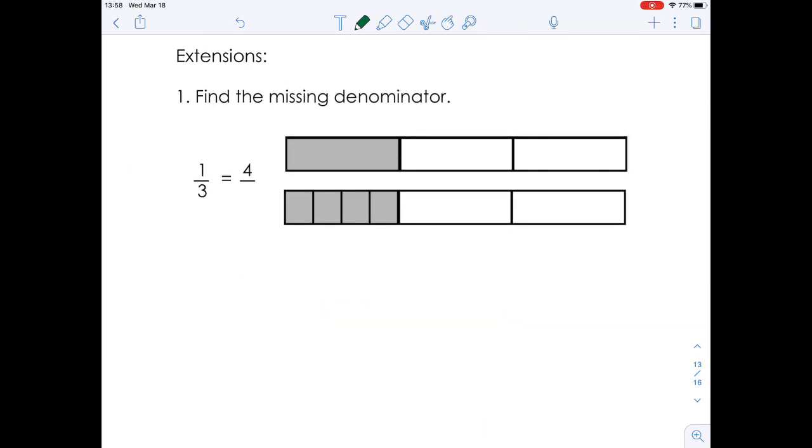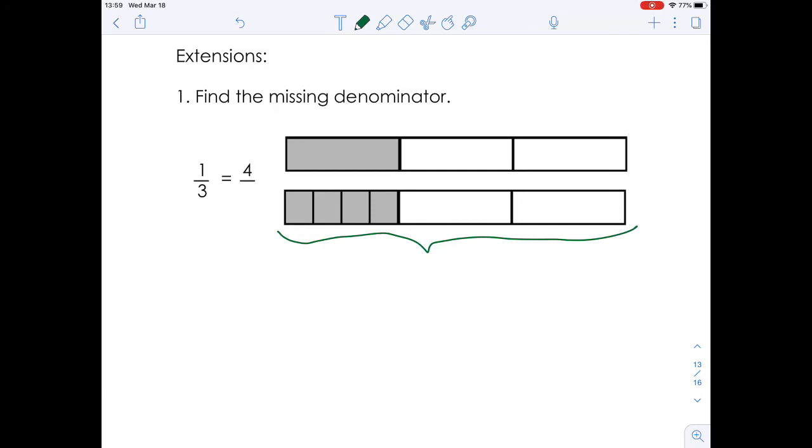And here's some extensions that you can try. We have 1/3. We can see that the two fractions are equal because the gray parts are the same size. And at the bottom, now this part might be a little bit confusing because in fractions you have learned that we need to have equal parts.